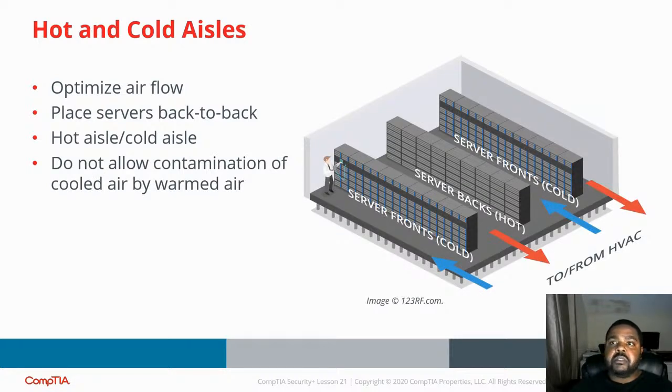Here's an illustration of what I was just talking about with the hot and cool aisles. As you see here, where the guy is plugged into the servers, that's the front of the servers. This is where you'll see the buttons on the front of the server box, and on the back side is where the heat comes out, and the fan on those boxes pushes that heat into that aisle.